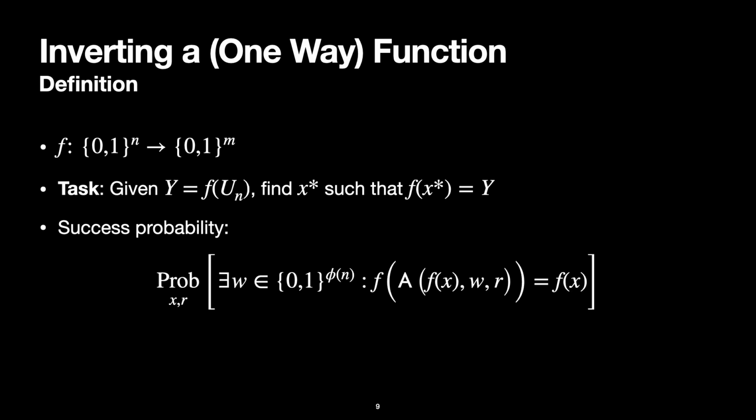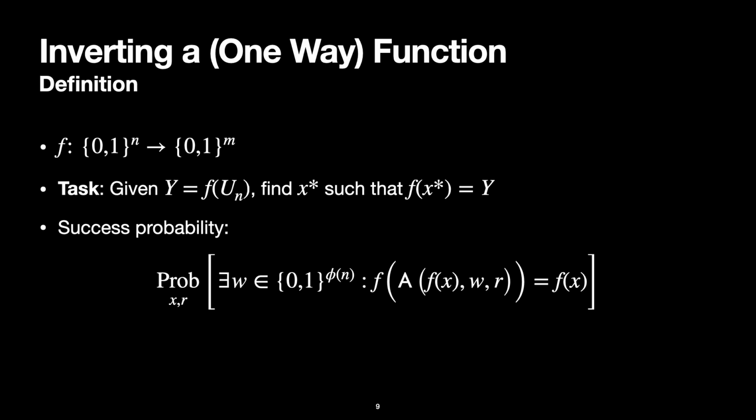Now, the success probability is the probability over x and r that there exists a witness. You can think of this as the witness that Merlin sends back to our adversary. There exists a witness that is phi bits long, such that A, when given the input f of x, a random string r, and the witness w, actually does compute a successful answer.